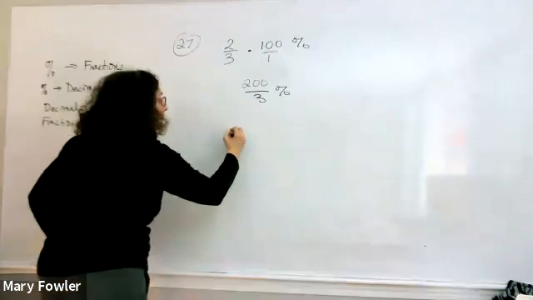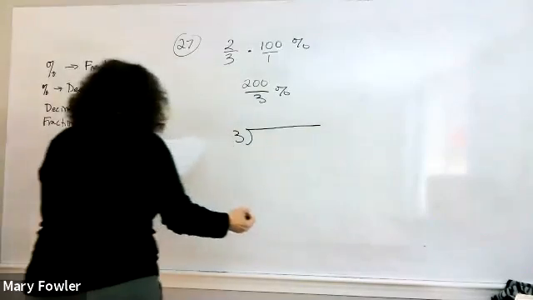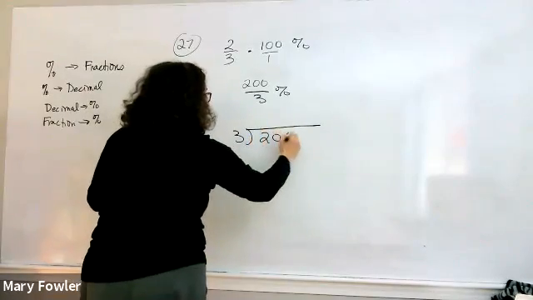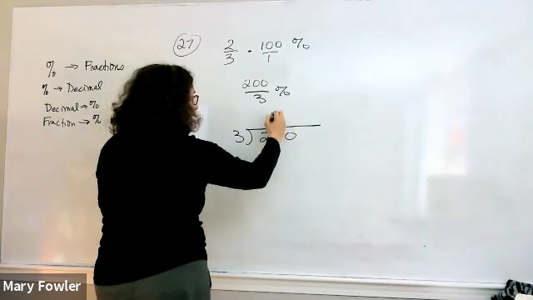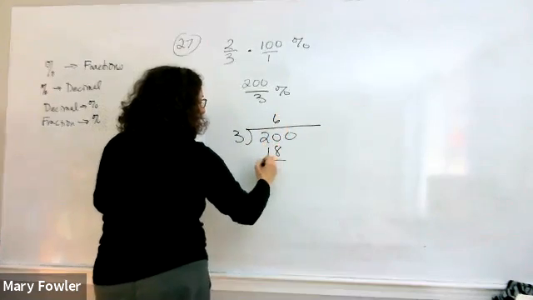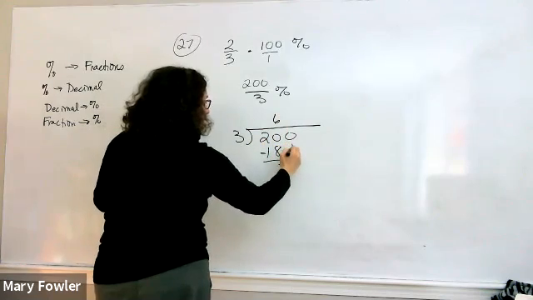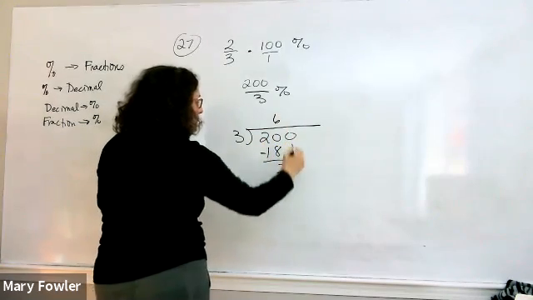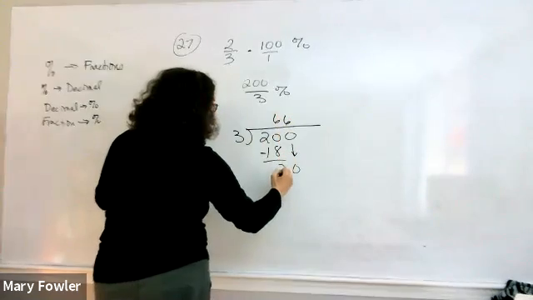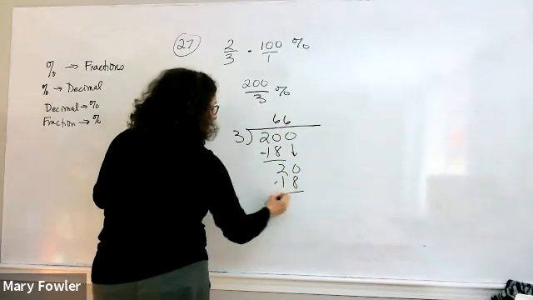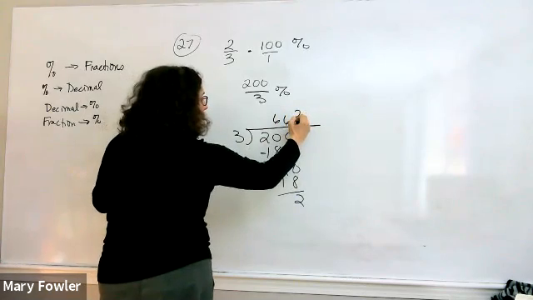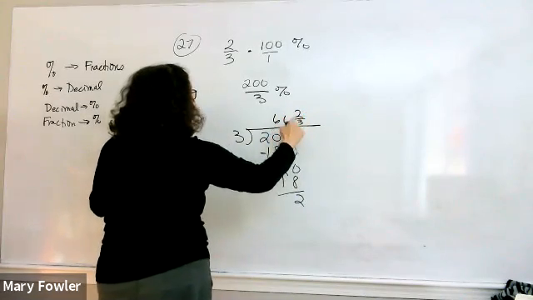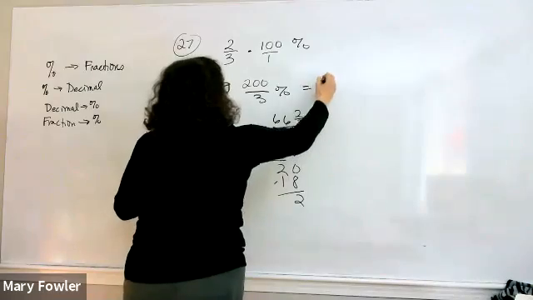Okay, so we're going to work on the long division here. 3 into 200, 3 goes into 20 6 times, and 3 goes into 20 6 times, and you have that remainder of 2. So 66 and 2/3%.